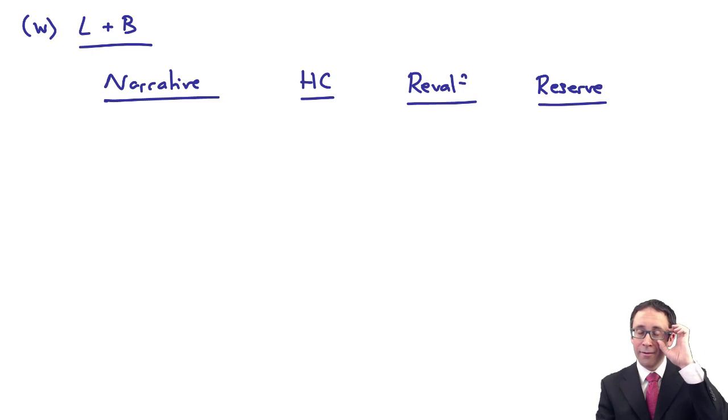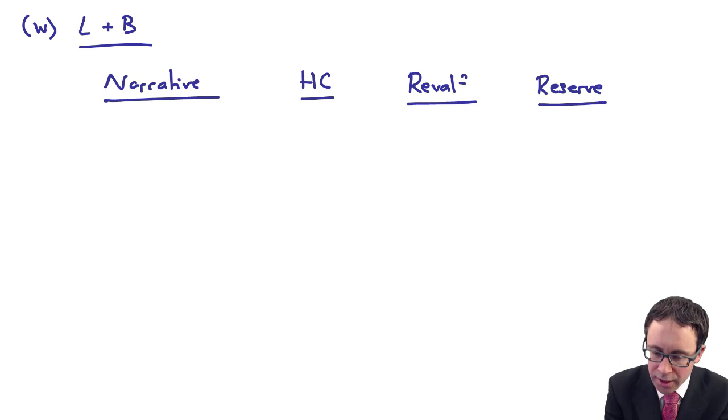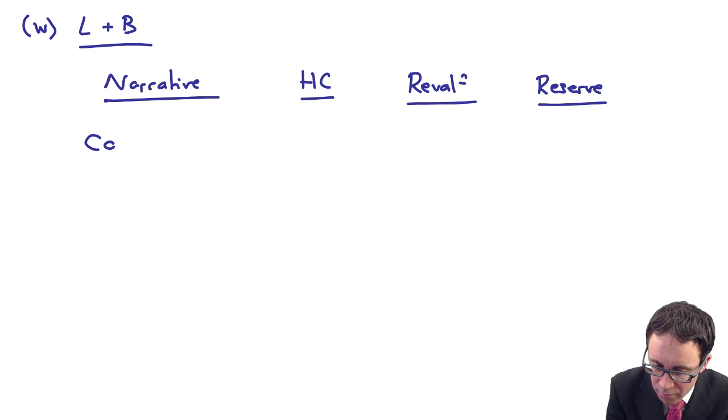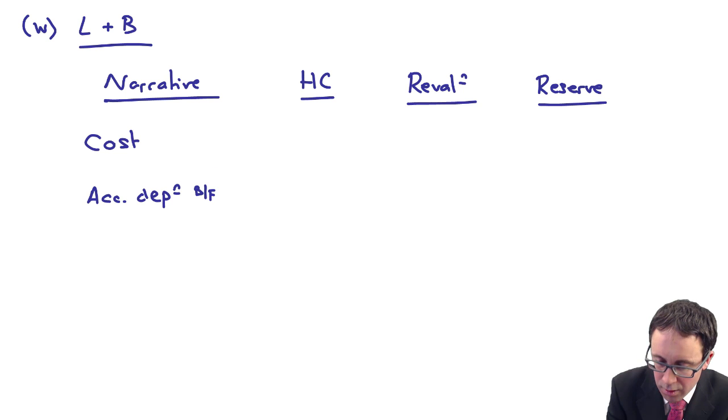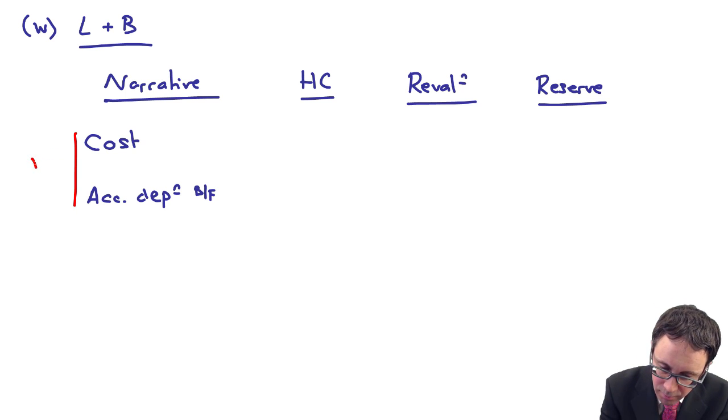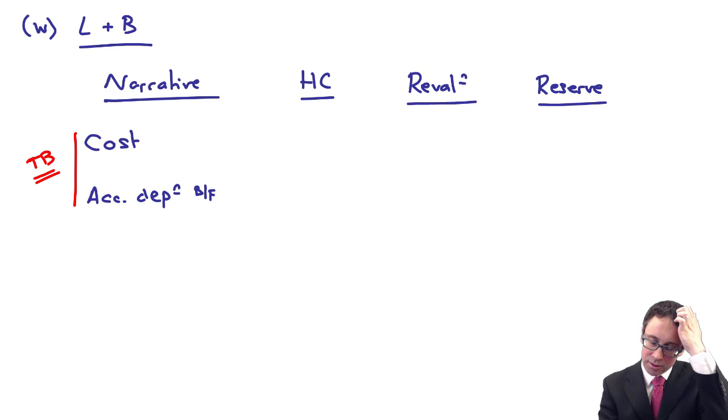What do we go through and look at first? Well, just take it chronologically. Remember, we've got your cost and accumulated depreciation brought forward. Those figures are taken from the trial balance.